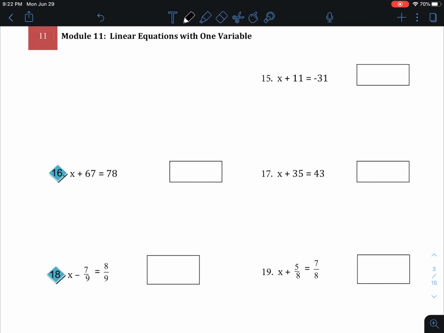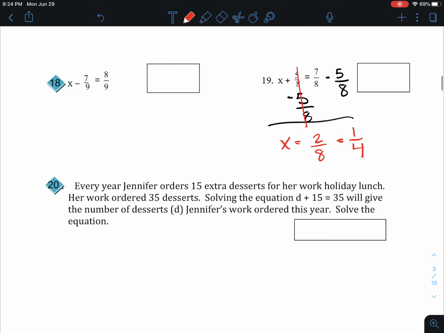So we subtract 5/8 from both sides. This cancels out, and what we're left with is x equals 2/8, which can be reduced to 1/4. So now with that being said, go on and try to do 18.